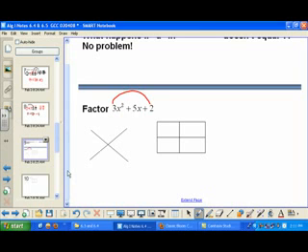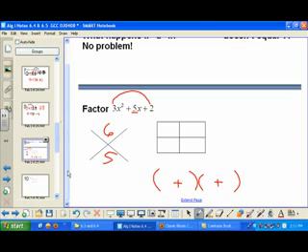So now we just go 3 times 2, which is 6. Still do the same thing. Put the middle value down at the bottom. We need 2 values that multiply to be 6 and add up to be 5.